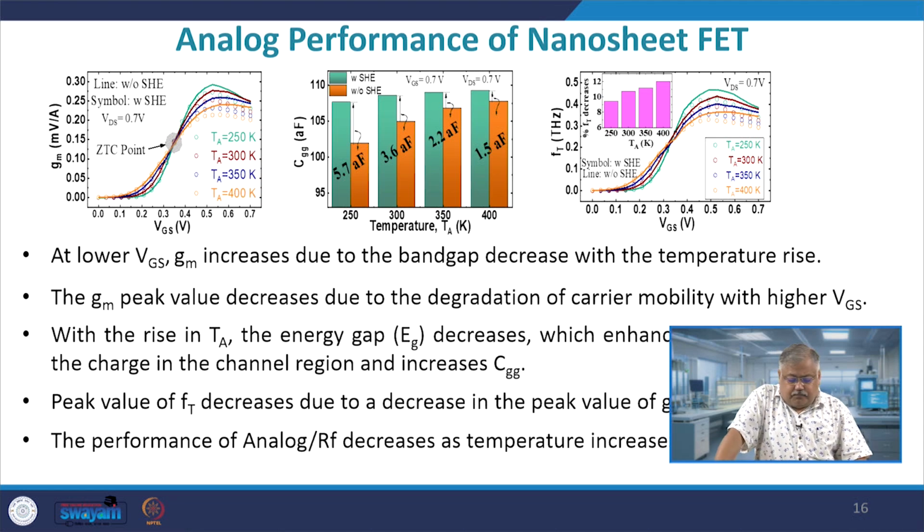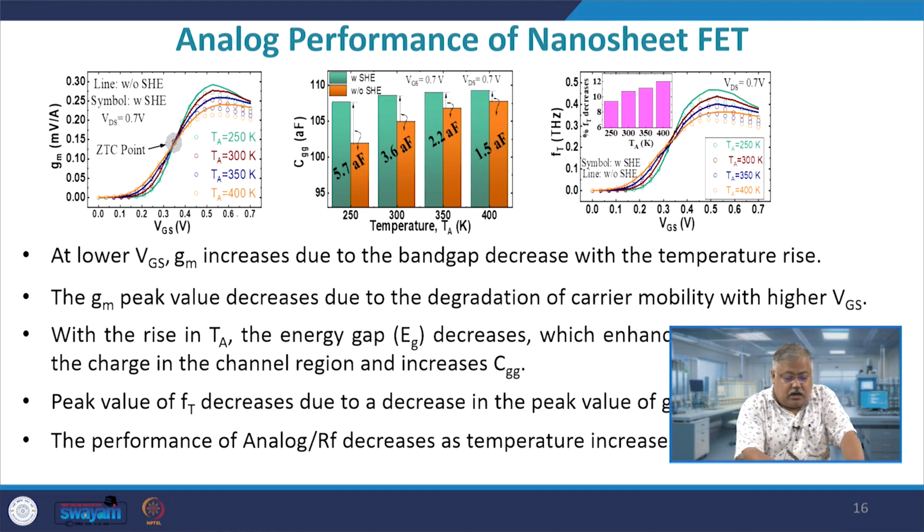What we did, and this is quite interesting, is that when we tried to make the gate voltage lower and lower, the transconductance actually increases due to the band gap decrease with temperature rise. When you lower your VGS, temperature rise takes place, because of which GM increases because of the band gap decrement. Now, the GM peak decreases due to degradation of carrier mobility at high VGS.